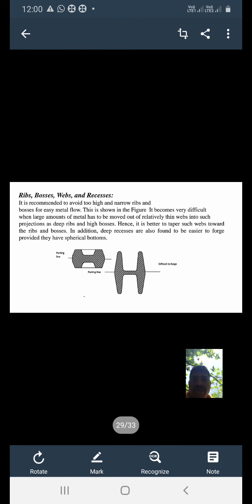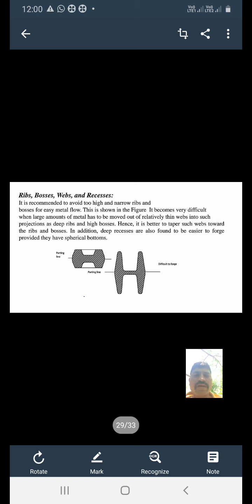Remember that. For example, ribs, bosses, webs and recesses are there. It is recommended to avoid too high and narrow ribs and also bosses for easy metal flow. This is shown in the figure.